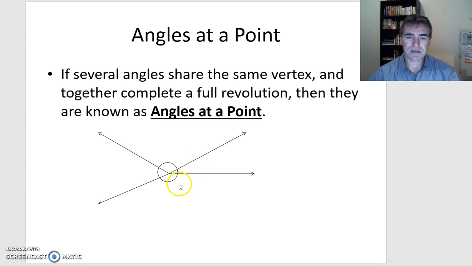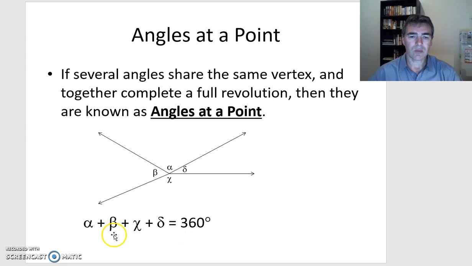So we call these 4 angles angles at a point, and there's our point there that they meet, our vertex. So let's label our angles now. So we've got this angle, 1, 2, 3, 4 angles. Some of them could be the same size, but it looks like they're all different. So when we add all 4 of those together, they should make an angle of revolution, which means they should add up to 360 degrees.